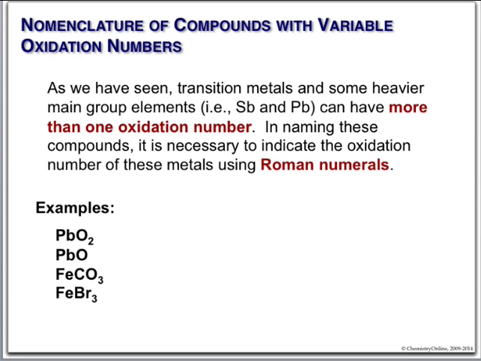So we would write it lead(IV) oxide. No space between lead and the parentheses, put a space here. Lead(IV) oxide. Here we have 1 oxygen, it's a -2, this is a +2. So this is lead(II) oxide.